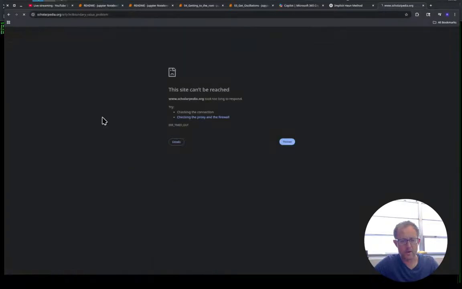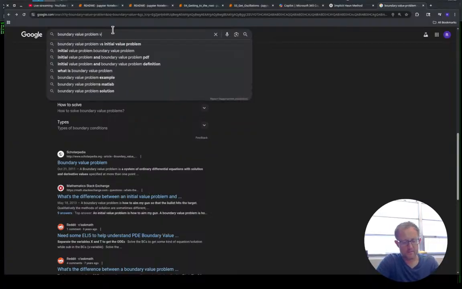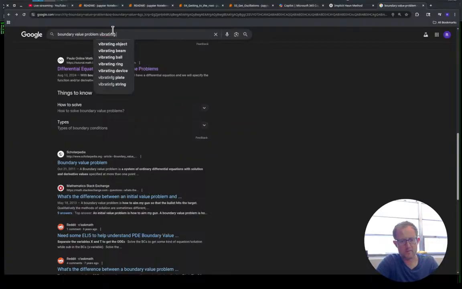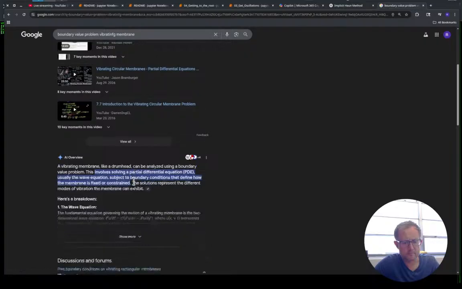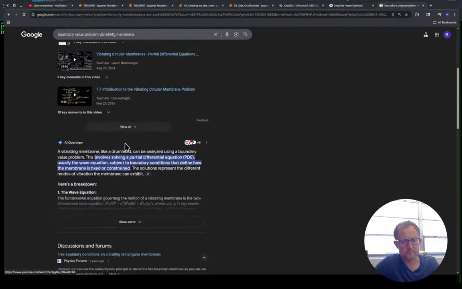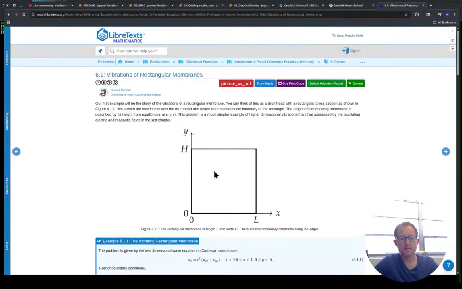These are like the boring definitions of boundary value problem. Vibrations of rectangular membranes, something like this.